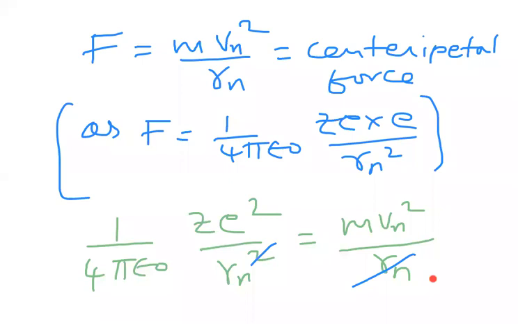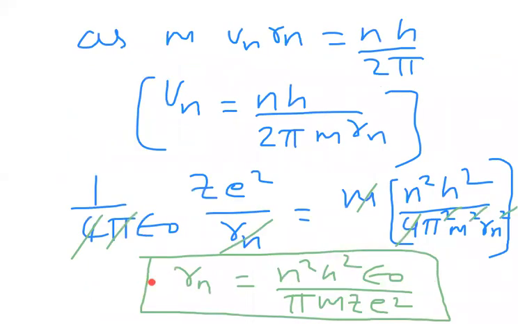By equating them, I got the expression for the radius of the nth orbit, by eliminating the Vn value from the previous step. So what are the conclusions for the radius of the nth orbit?